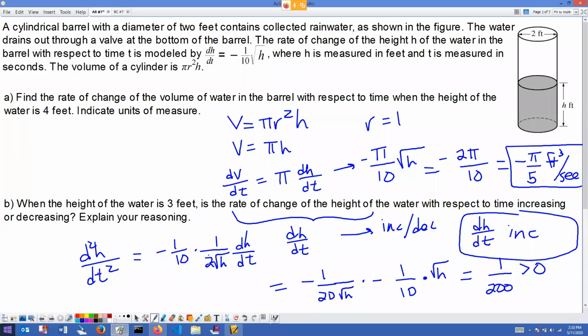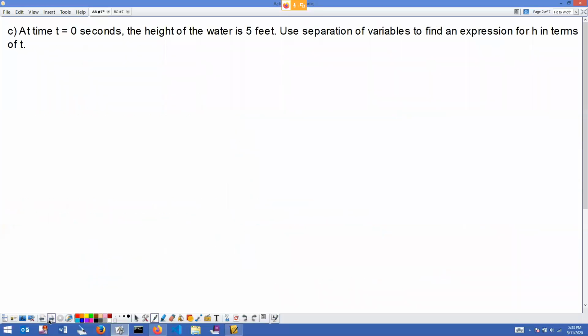All right, next part here. At t equals 0, the height of the water is 5. So that's 0, 5 is a point that we know is on this. We want to use separation of variables to find an expression for h.